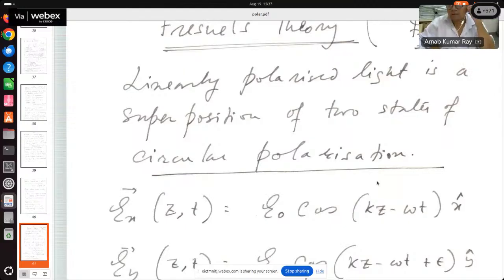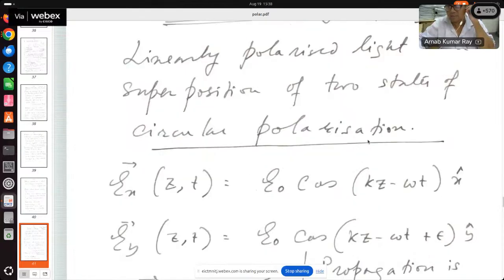With a phase angle difference of pi by 2. But here, Fresnel is starting by saying that linearly polarized light is the other way around. In the previous case, we said circular polarization is the outcome of the superposition of two linear polarizations with a phase difference of pi by 2. But here it is the opposite case. You have two states of circular polarization, and when you superpose them, you get linearly polarized light.